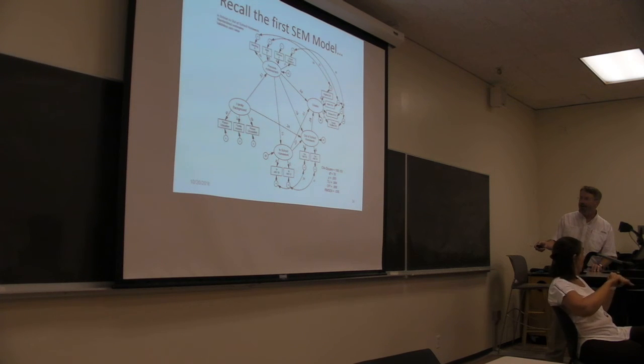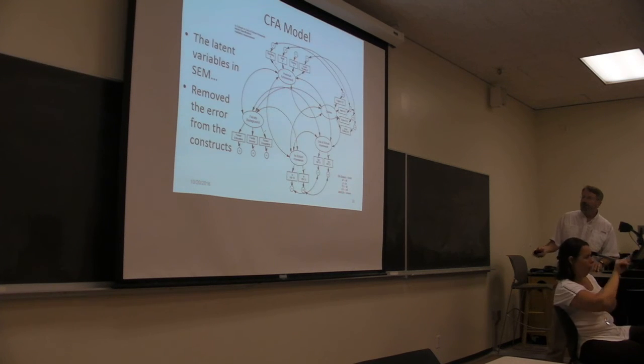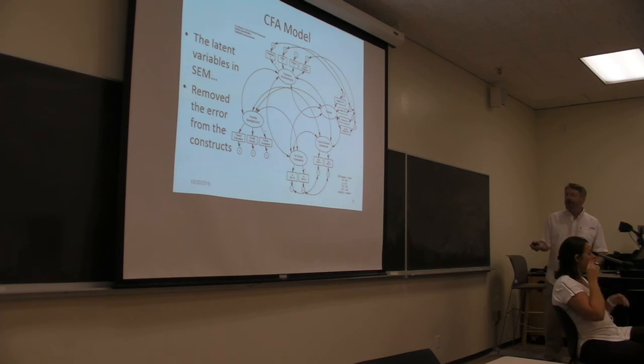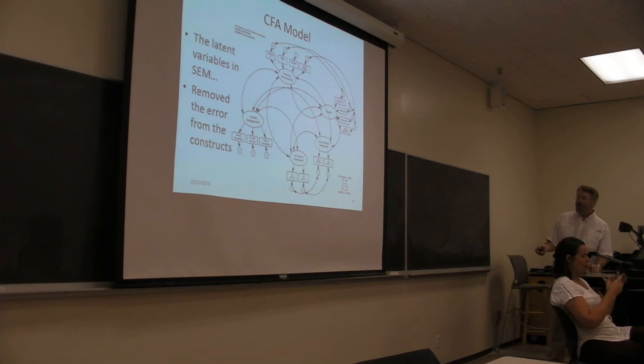And remember what the paths represent: the presumed effect of one variable on another. And so we could go back to our initial homework model and start out with a confirmatory factor model and just allow our latent variables to be correlated with one another. And what's the advantage of that? Well, what we're getting at then is the correlation between these variables with the effects of error removed from the model.